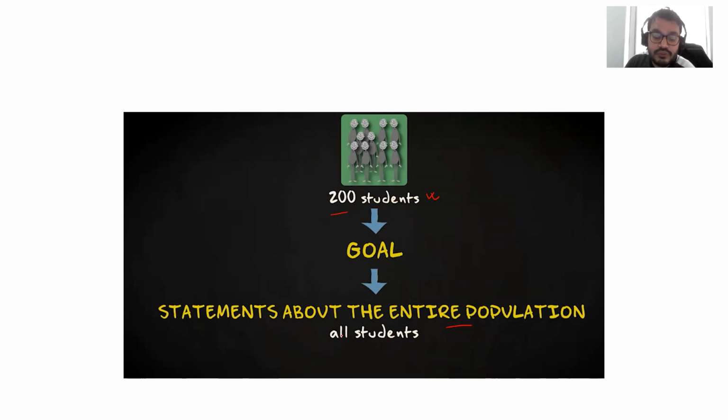My population here is 300,000, so by looking at the sample of 200 students, we will identify the average height of 300,000 students. That is our ultimate goal.